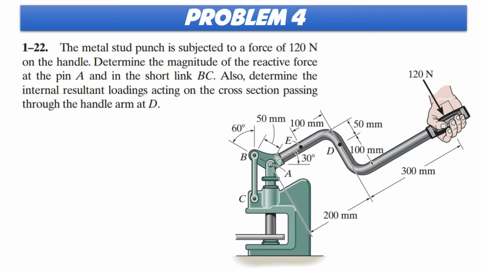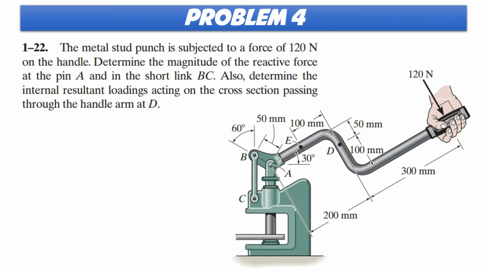So this is basically like in the previous chapter where you have to find the force or support reaction. Also determine the internal resultant loading acting on the cross section passing through the handle arm at D. Meaning that we will have to cut at point D. So this question actually has two parts.